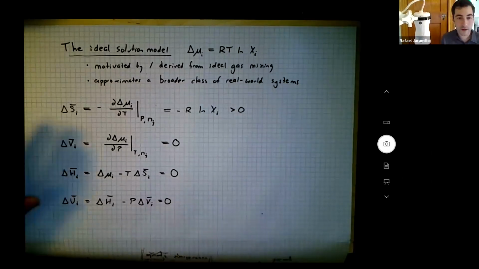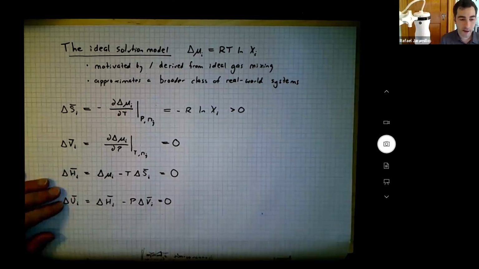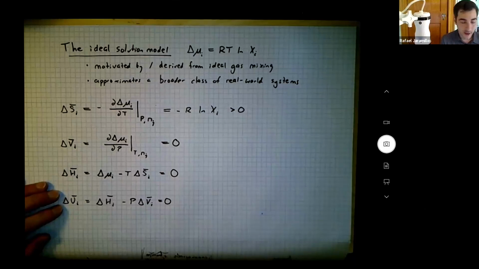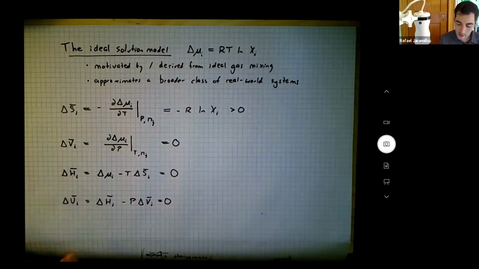So this is simply using the stuff which we did a couple of weeks ago, definitions of these potentials, and the combined statement of the first and second law, and applying those operations to these quantities of mixing. And I encourage you to work through these on your own. And so the results here are what we want. That's what we want to see.